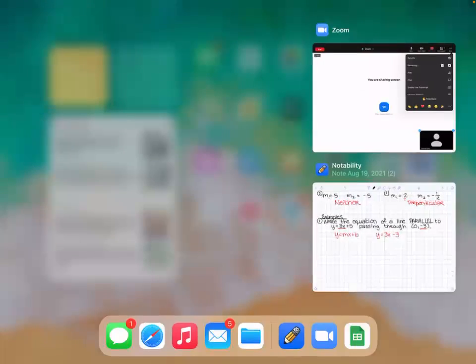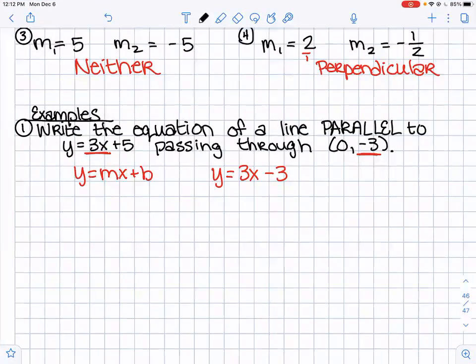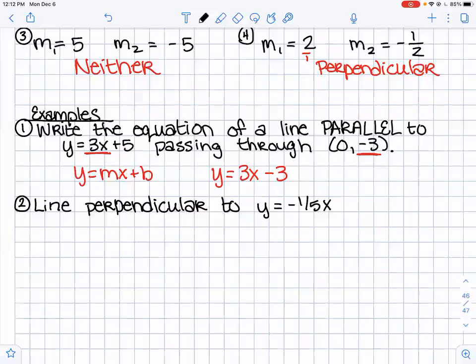Okay, let's try another one. Okay, this line is perpendicular to the line y equals -1/5 x minus 2.